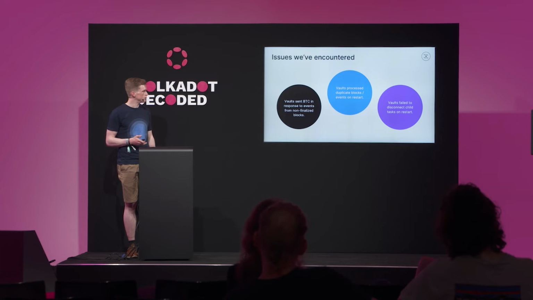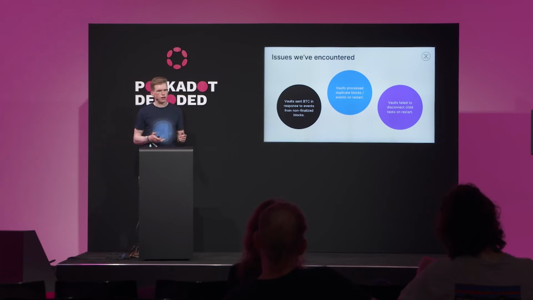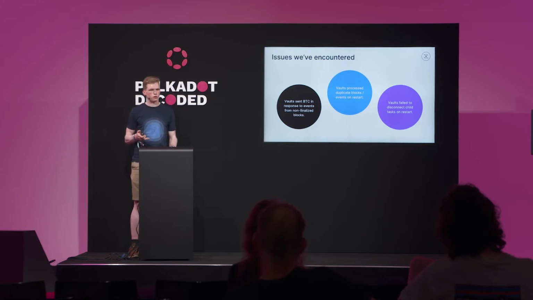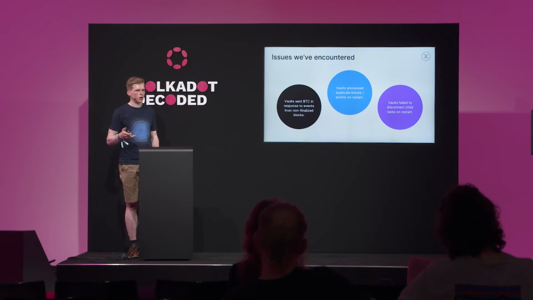Likewise, we discovered we had some restart logic, and we discovered that vaults process duplicate events on restart. So whenever the vault failed and would restart, we would subscribe to a previous block height, we would just subscribe to the current block height, and that wouldn't always take +1. It might accidentally reprocess events as processed.